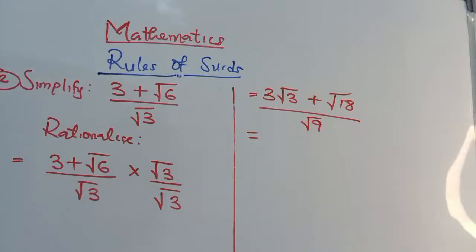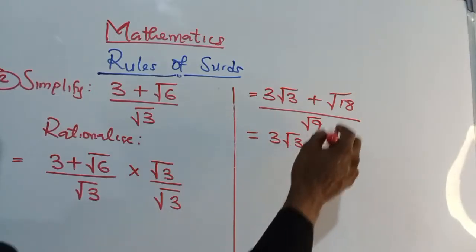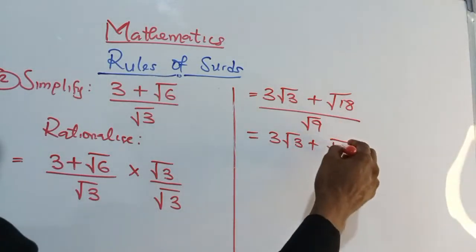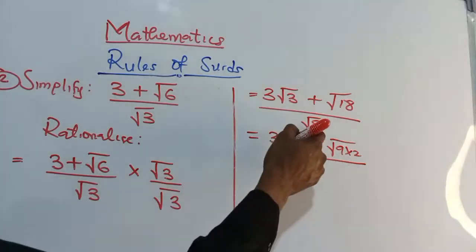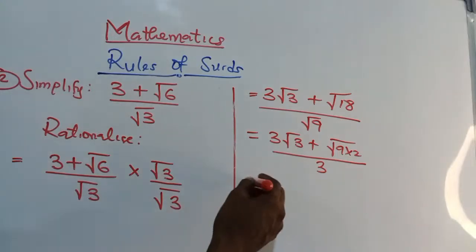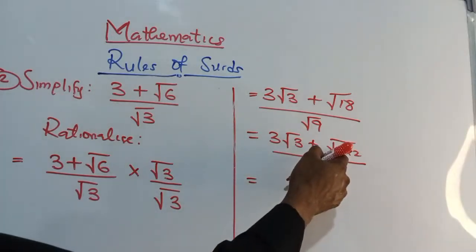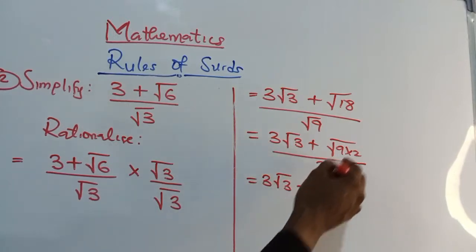So it means we have 3 root 3 plus root of 9 times 2, over the square root of 9, which is 3. So we have 3 root 3 plus the square root of 9, which is 3.